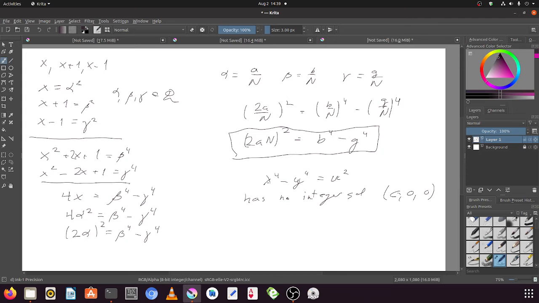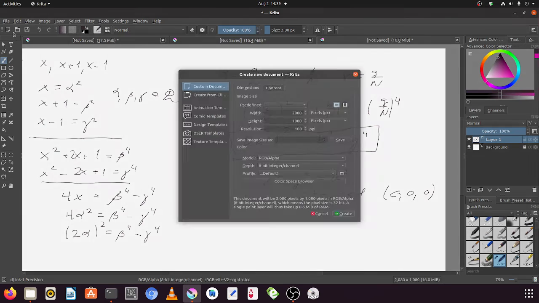It looks as if we should try the old trick of factorizing the two sides.